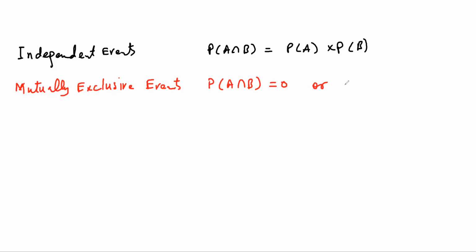Or if the probability of A union B is the same as the probability of A plus the probability of B, the two events are mutually exclusive. In simple words, it means that the two events don't have anything in common. Do you need any further detail on it?